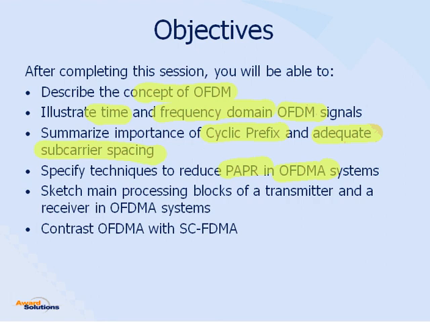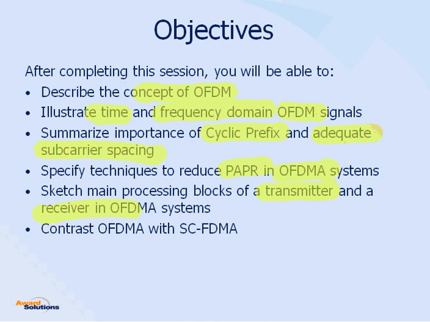So how do we take care of that problem? We will address that problem also in the session today. We'll take a look at how the OFDMA transmitter looks like, how the receiver works in OFDMA system.